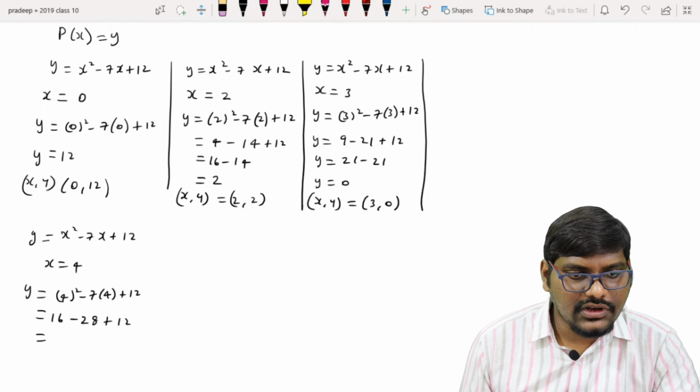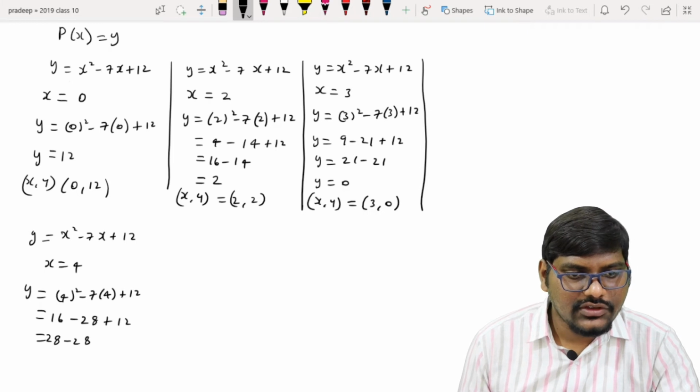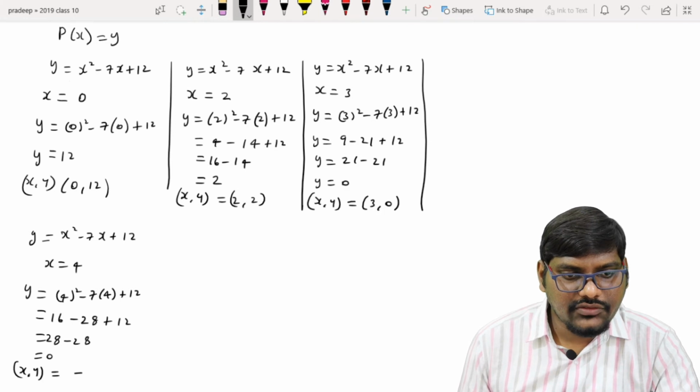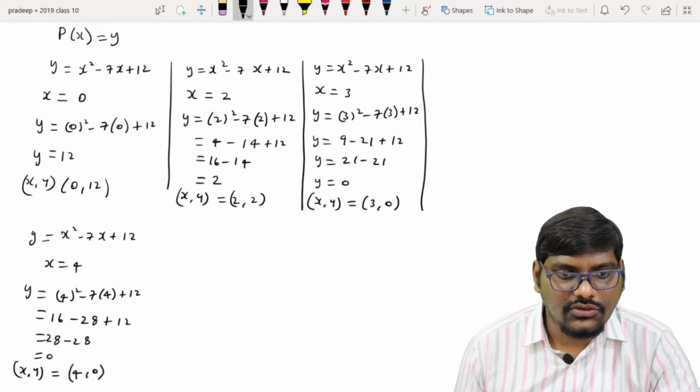So 16 plus 12 is 28, and 28 minus 28 is 0. So x comma y will be 4 comma 0.